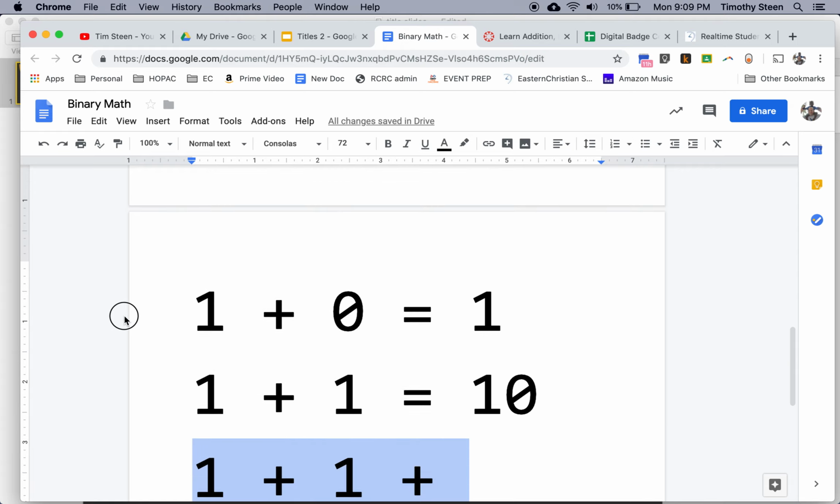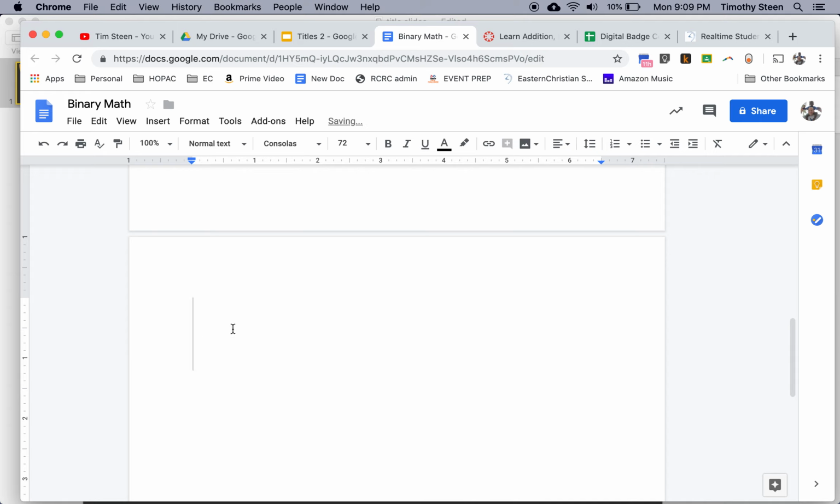So I'll give an example that I used in the notes earlier. It's kind of a big number. Let's see if this works with my font this big. Maybe I can shrink it down a little bit.